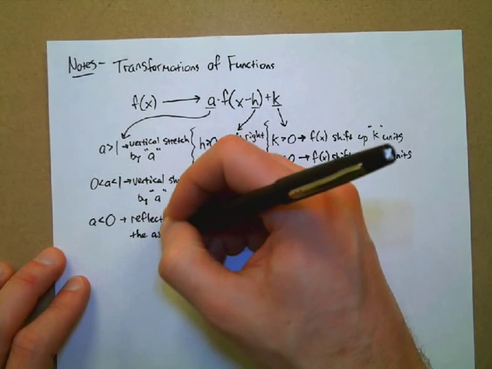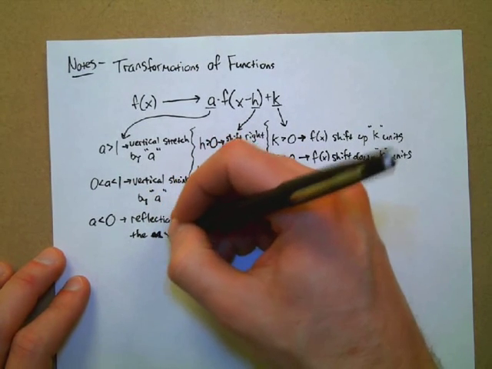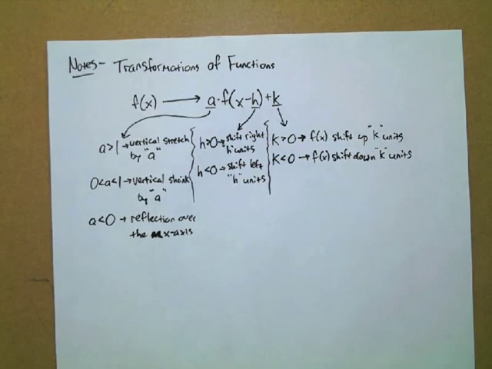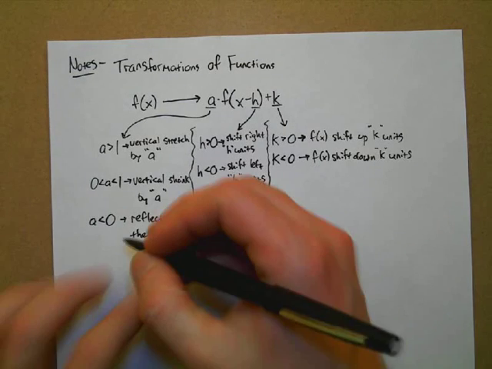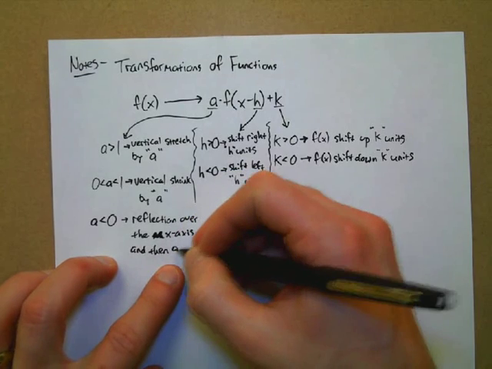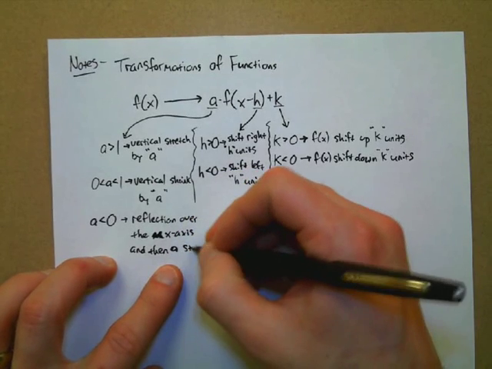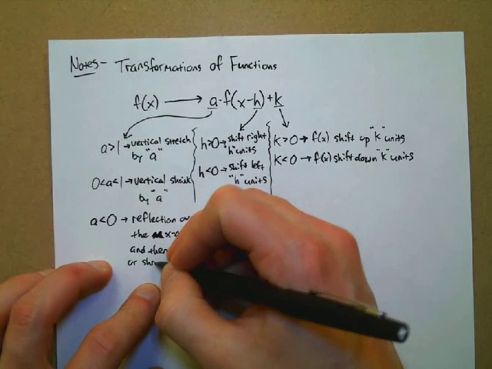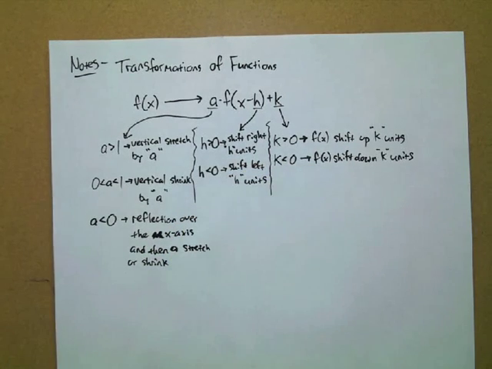Okay, so if A is less than 0, that is a reflection over the x-axis, and then a stretch or shrink, depending on if it's like a negative 1/2, that'd be a flip over the x-axis and a shrink, or if it's like a negative 5, that'd be a flip over the x-axis and then a stretch.